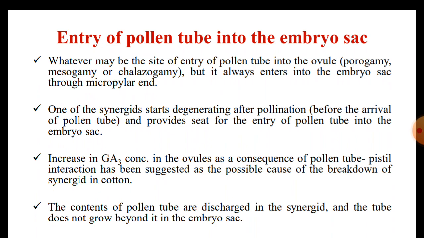There are two synergids at the micropylar end which along with egg form the egg apparatus. One of the two synergids gets degenerated before the entry of the pollen tube into the embryo sac, and this degenerating synergid provides a seat for the entry of pollen tube inside the embryo sac.